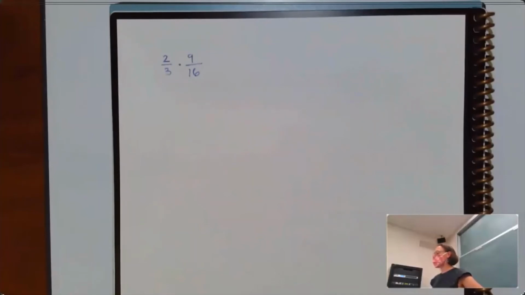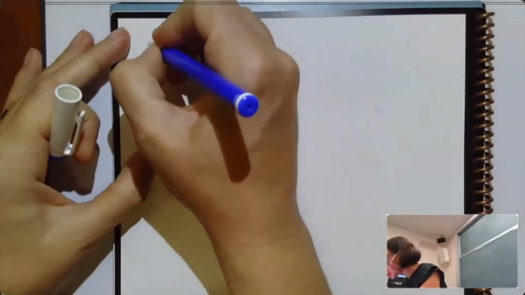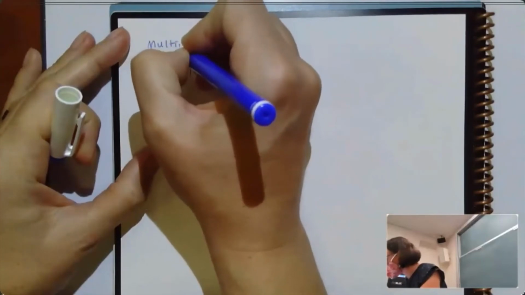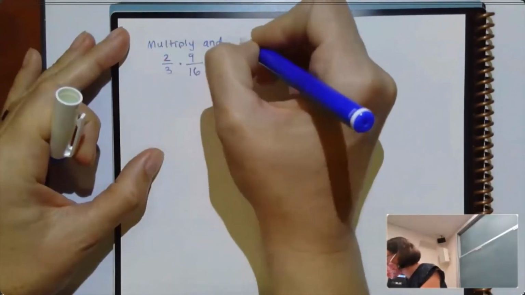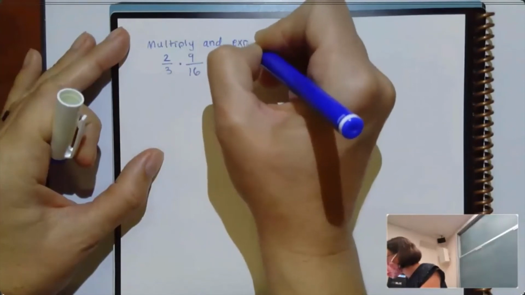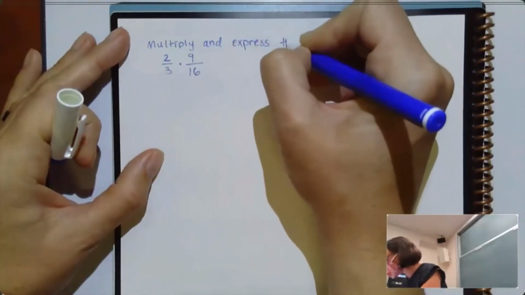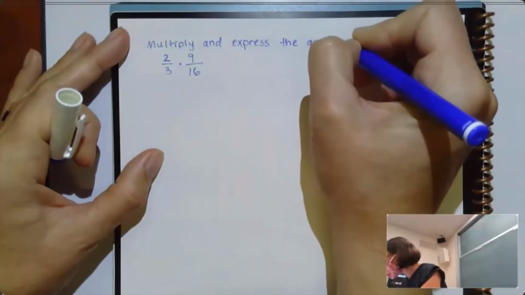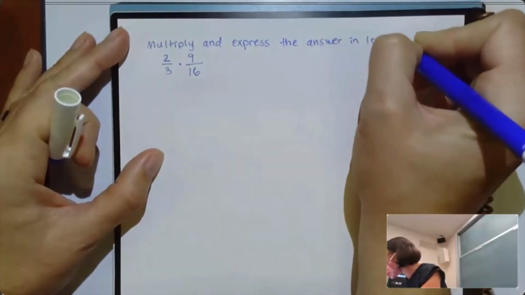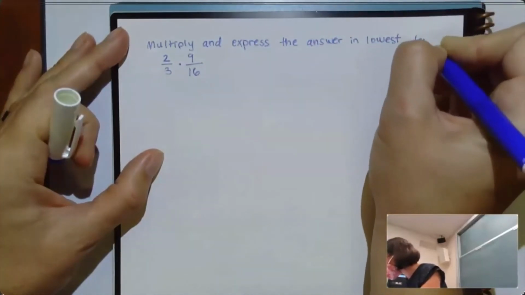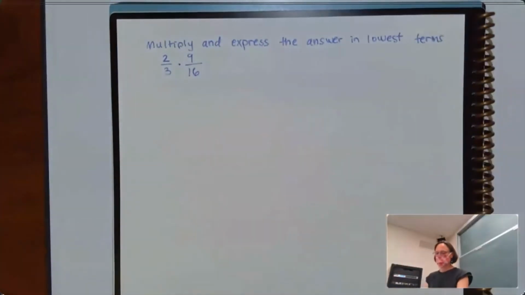Let me give the instruction: multiply and express your answer in lowest terms. I'm going to give you all a second to do it because my guess is that most of you already started doing it.